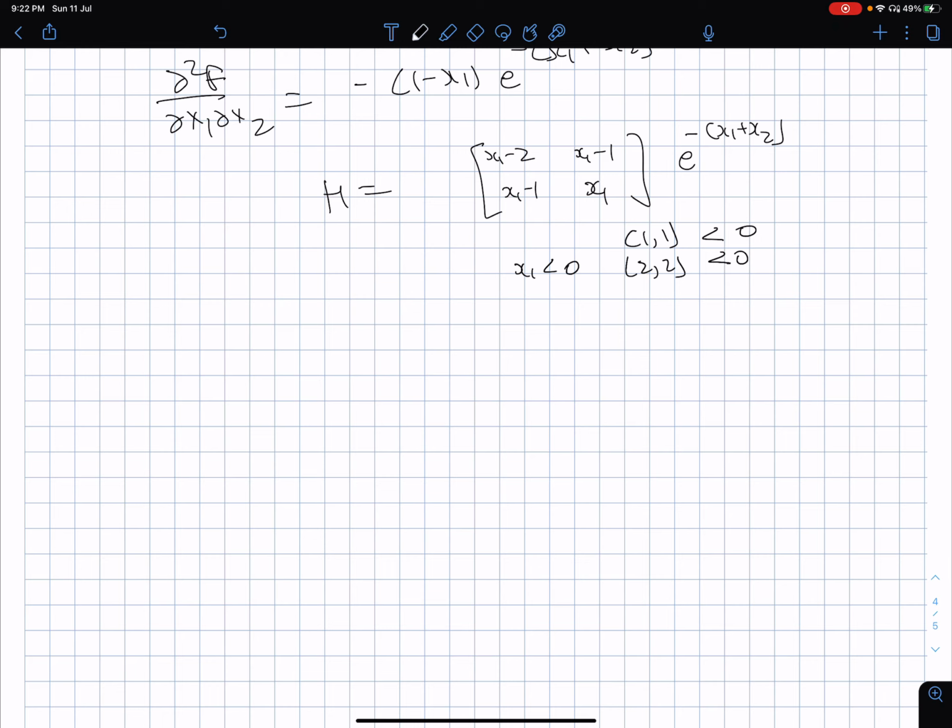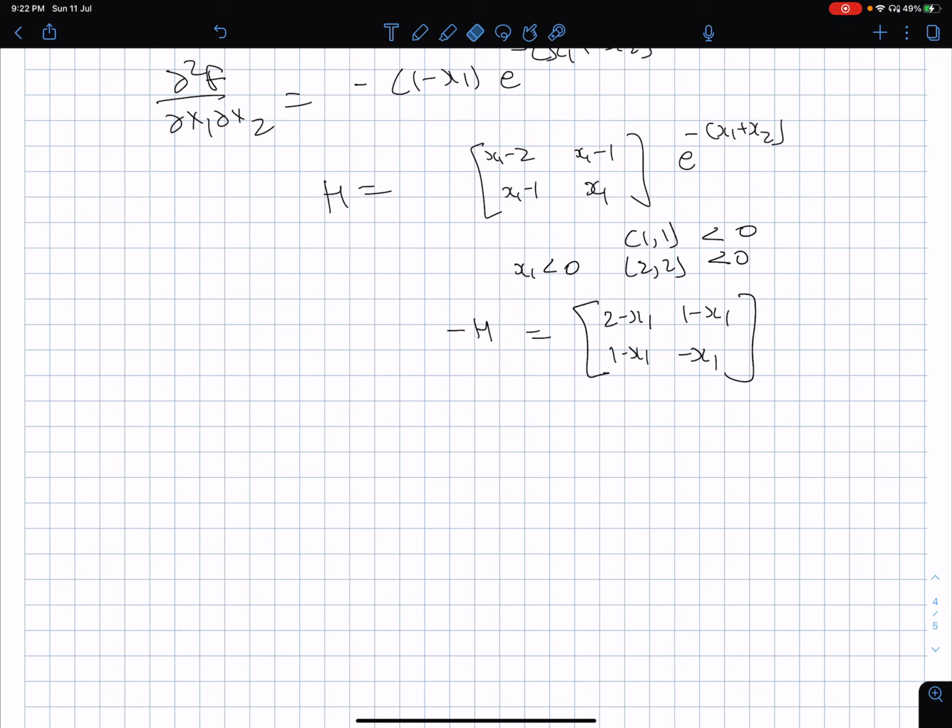So then this matrix is definitely not positive definite. So then we should look at minus of H to see if minus of H is positive definite, which can tell us something about it being a negative definite matrix or not.